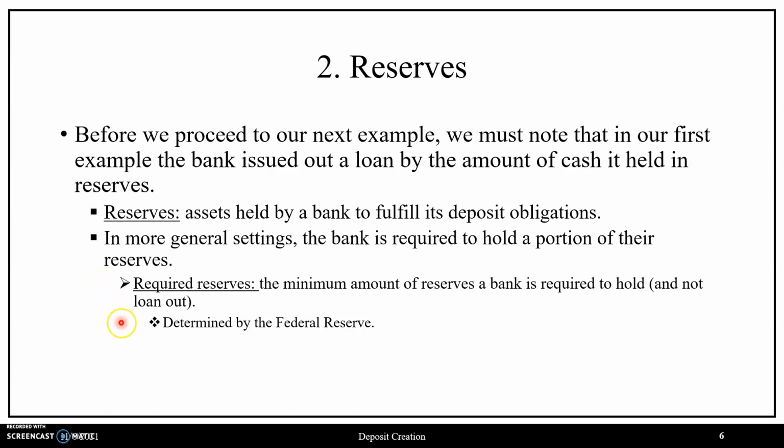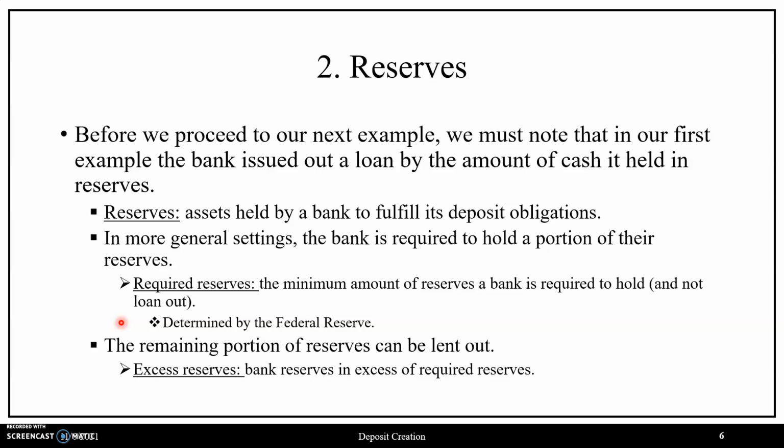Required reserves are determined by the Federal Reserve, in that they give the banks a required reserve ratio that they must maintain with respect to their total deposits. Anything in excess of these required reserves, the bank is then free to loan out, and we will denote this portion of the reserves as excess reserves.